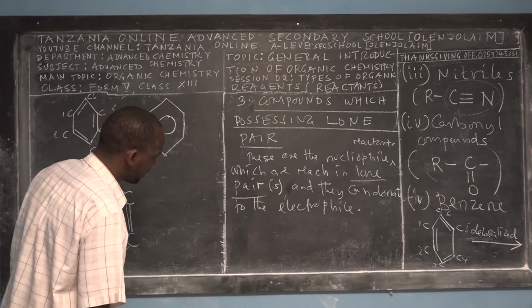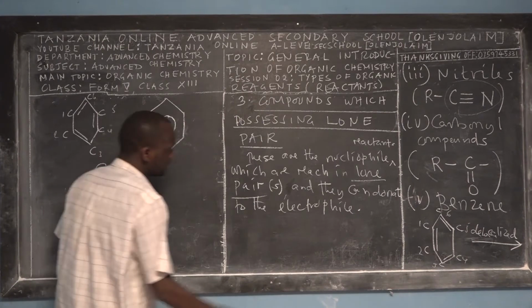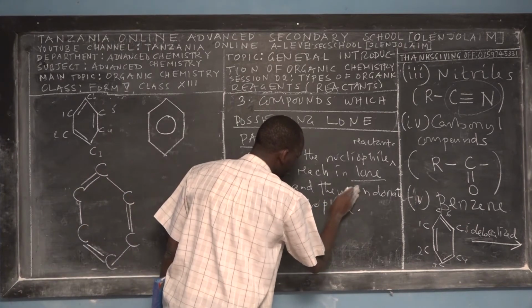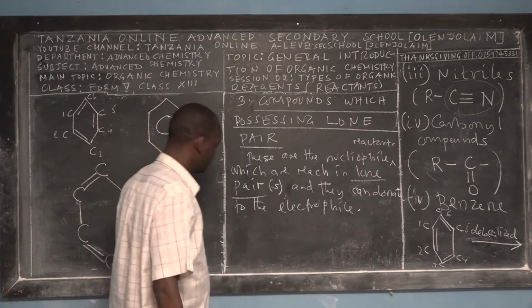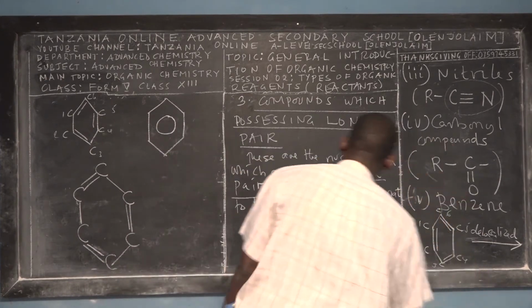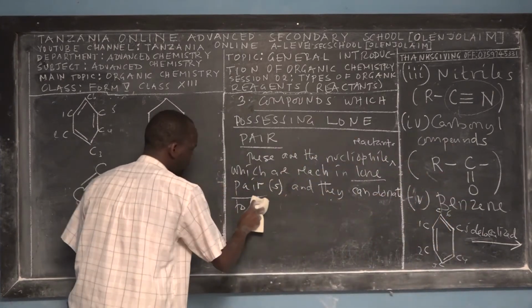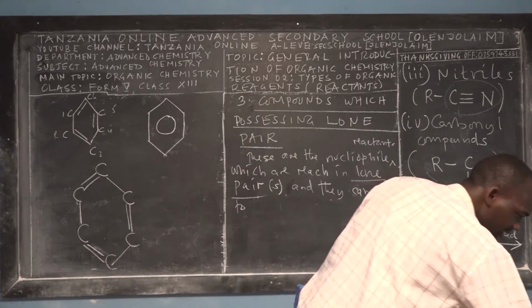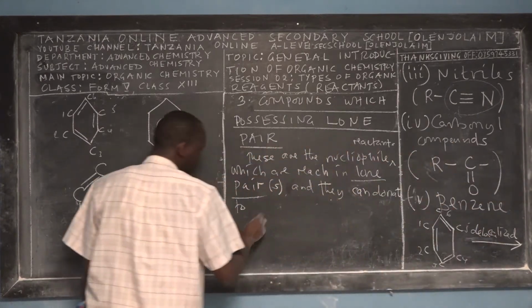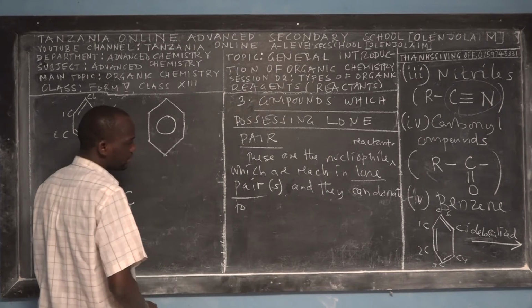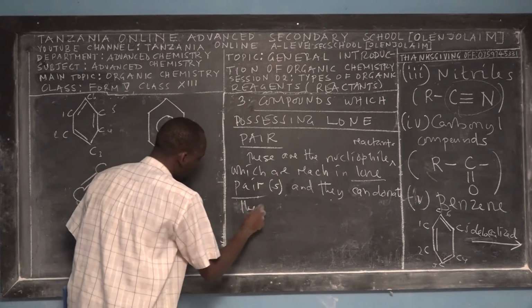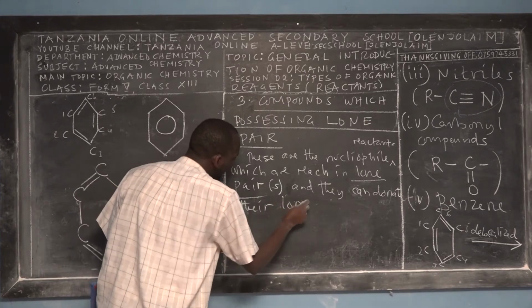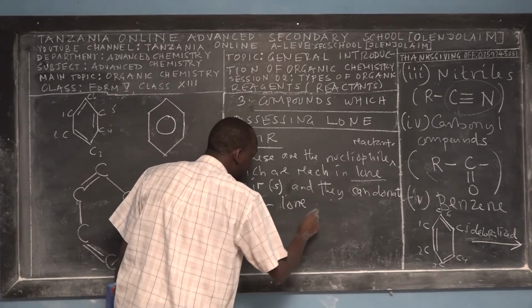And they can donate. They can donate those lone pairs. They can donate what? This is still an incomplete sentence because I know students cannot even think around it. They can donate their lone pair, not 1 electron.